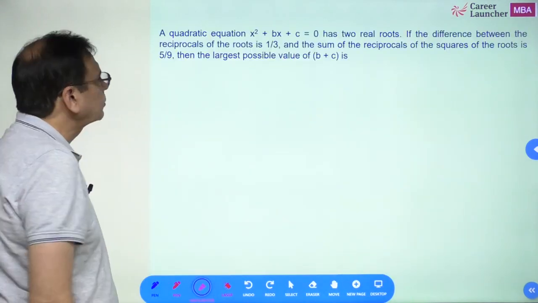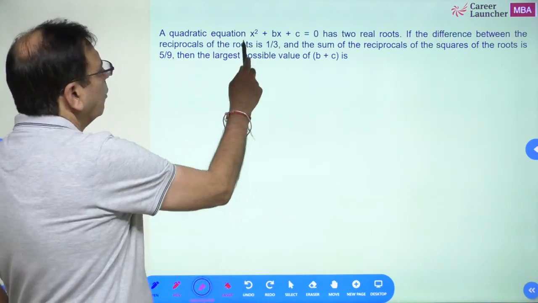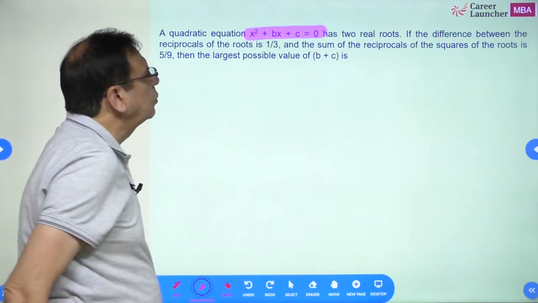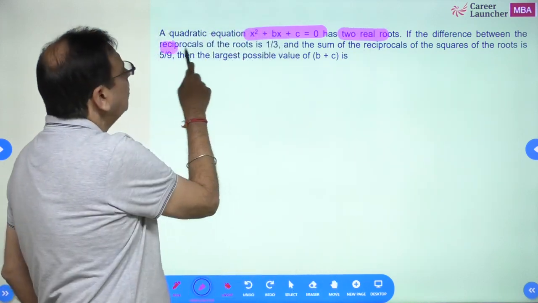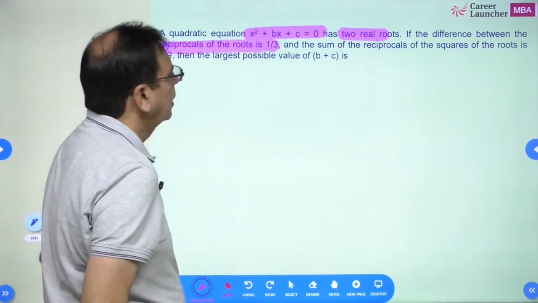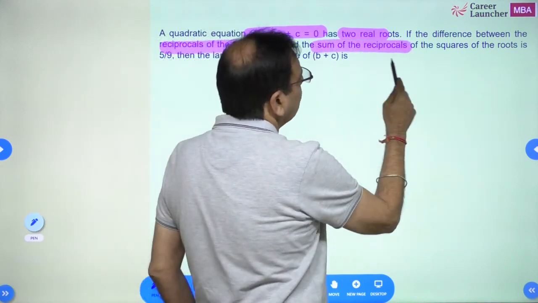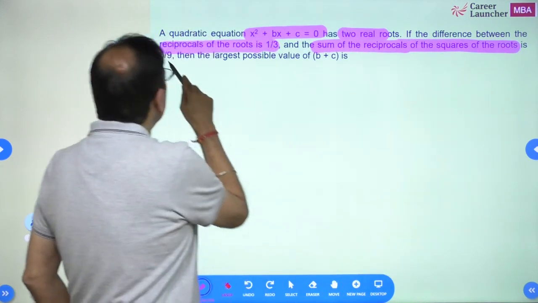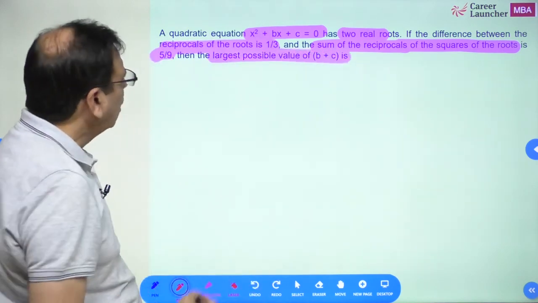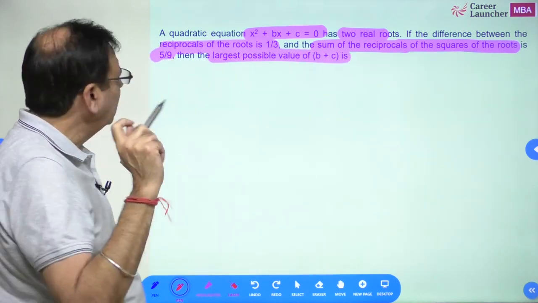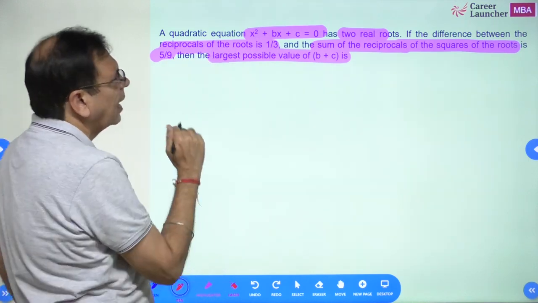Next question. A quadratic equation x square plus bx plus c equal to 0 has two real roots. Great. If the difference between the reciprocals of the roots is 1 by 3 and the sum of the reciprocals of the squares of the roots is 5 by 9, what is the largest possible value of b plus c? Now, I spent about 30-40 seconds, मैंने कहा देखते हैं क्या है ये.